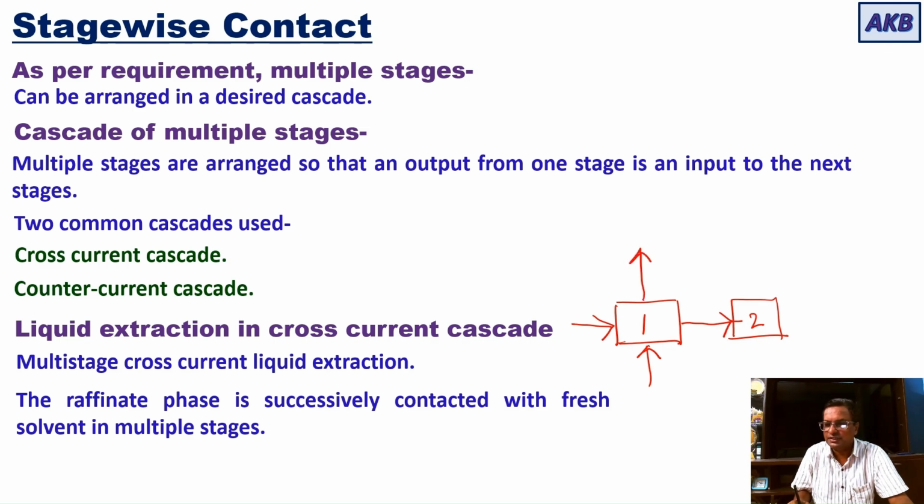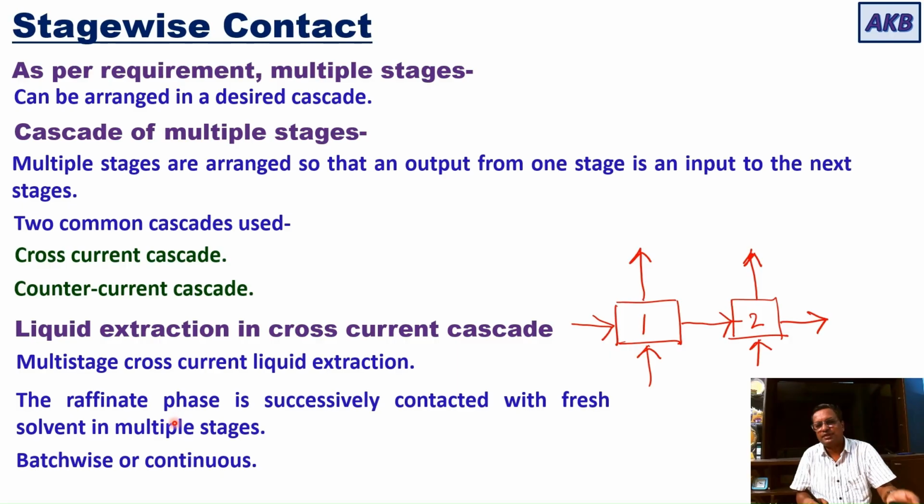The raffinate phase is sent to the next stage where it is contacted with fresh solvent, so that you get an extract phase out of stage number 2 and the final raffinate phase. This is how multi-stage cross-current liquid extraction is carried out. So the point is, the raffinate phase is successively contacted with fresh solvent in multiple stages, and you can carry out this operation in a batch-wise manner or in a continuous manner.